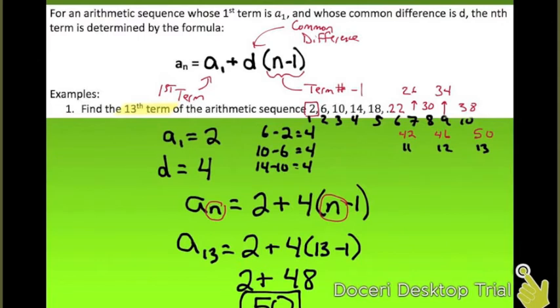You're adding 4 on each time, and you still get to the 50 for term 13. Sorry about that. Can't add 4 in my head very well, apparently.